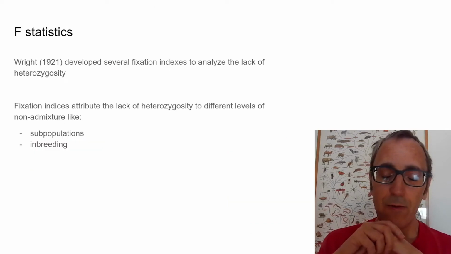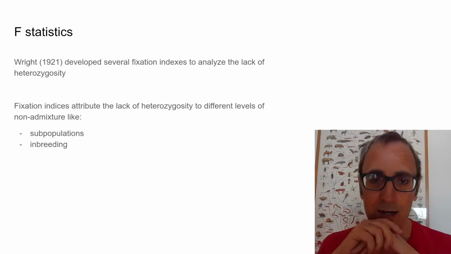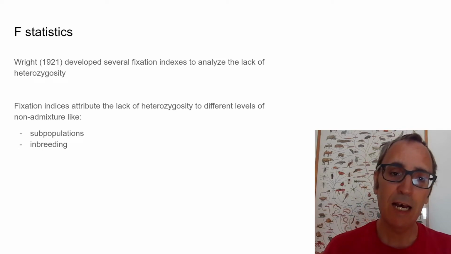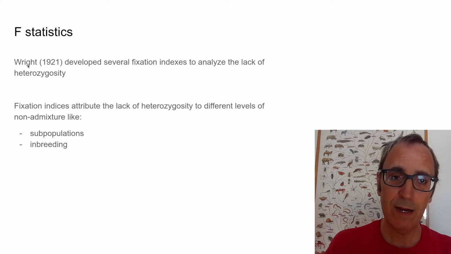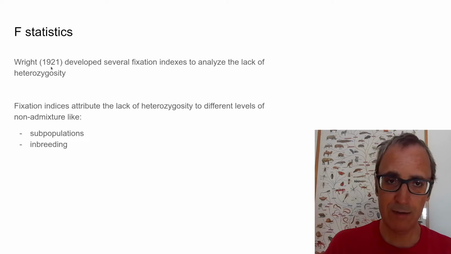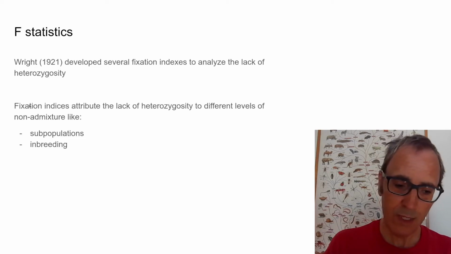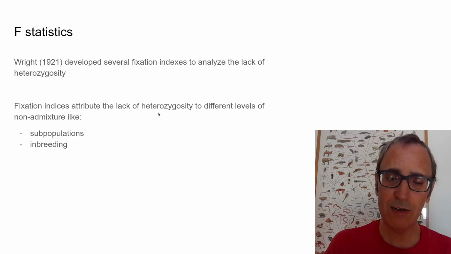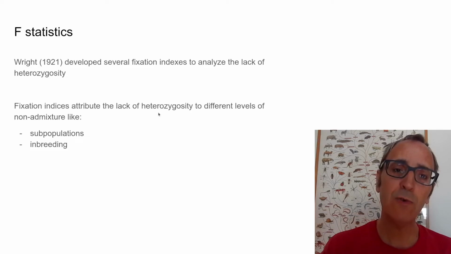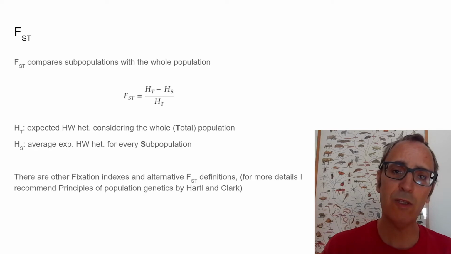There are different ways of studying this lack of heterozygosity, and Wright, a classical population geneticist, developed some indexes that reflect this lack of heterozygosity in different circumstances. For instance, what happens when there are subpopulations or when there's inbreeding. For the case of subpopulations, we can use FST.